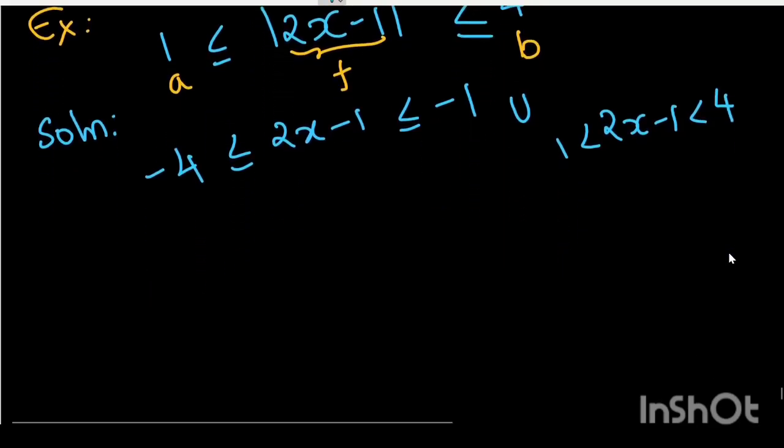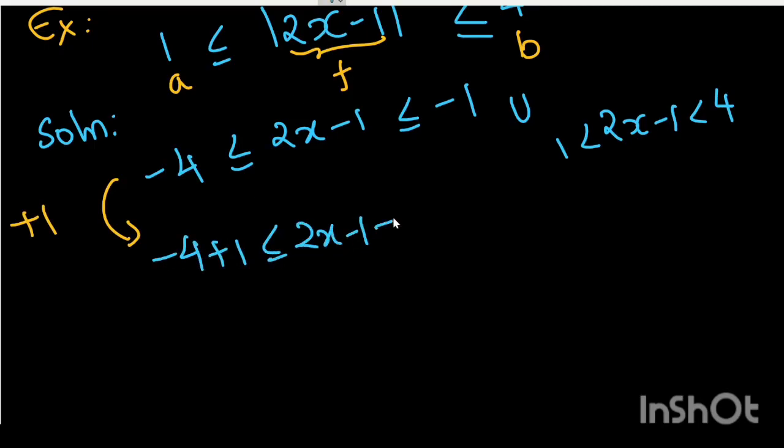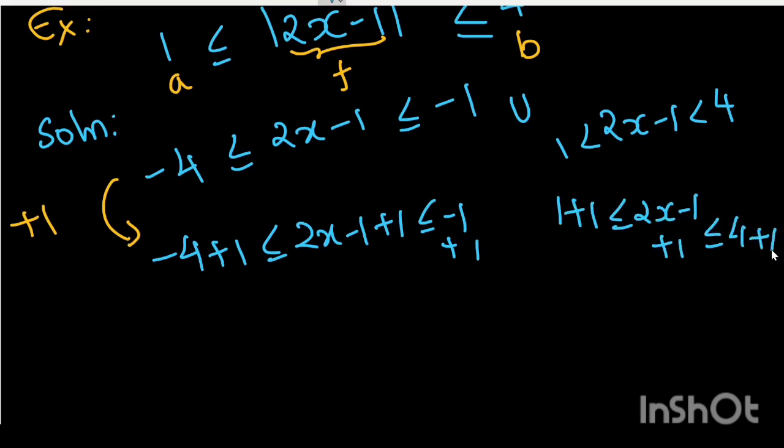Now we will solve these two results. So solving this, these two, we will add plus 1 both sides. So we will get minus 4 plus 1, 2x minus 1 plus 1, less than equal to minus 1 plus 1. Here also adding 1, so this becomes 1 plus 1, 2x minus 1 plus 1 less than equal to 4 plus 1.